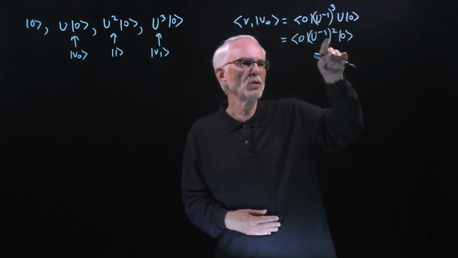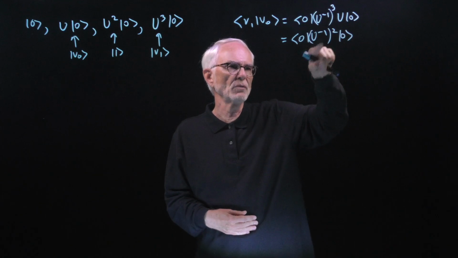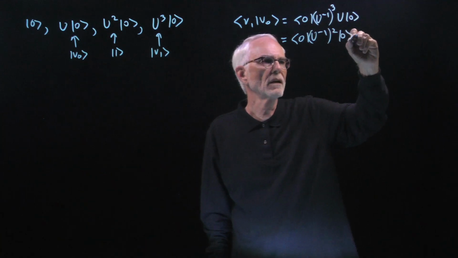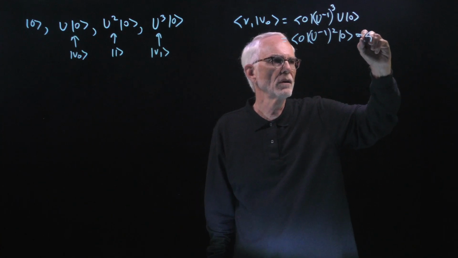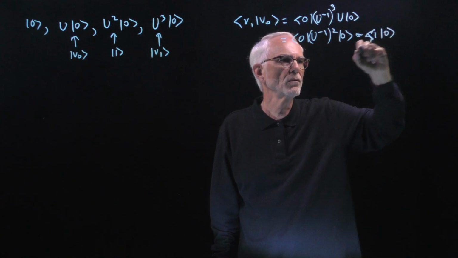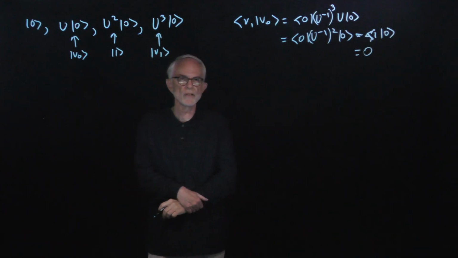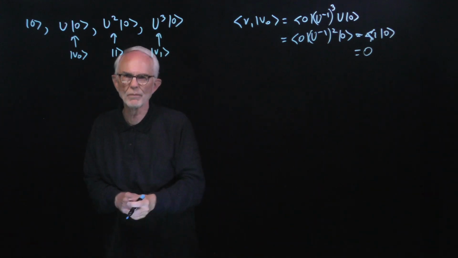If I move the U inverse over to the other side, that would be a sigma x acting on the 1. So that is simply going to be equal to 1 with 0, which is in fact just 0. So that shows that those are an orthonormal basis.